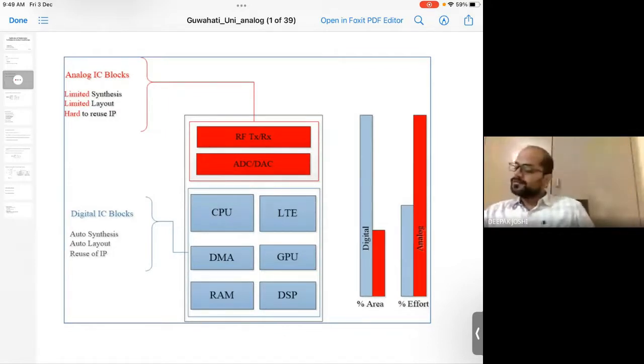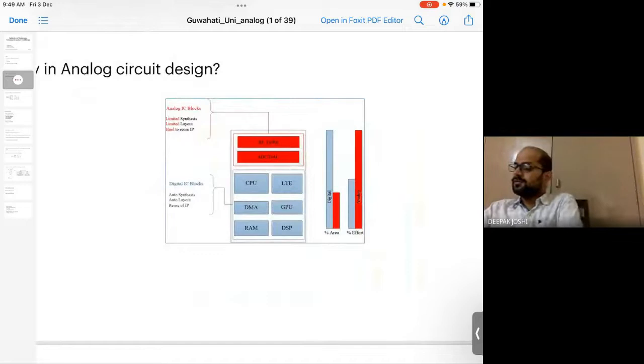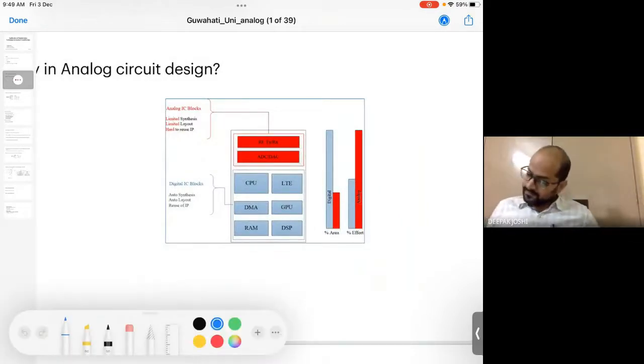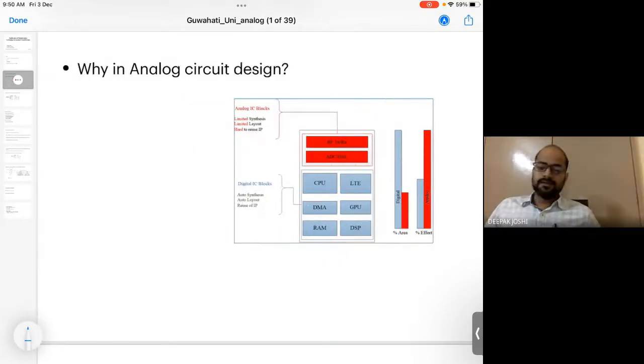Now, what we generally do in analog circuit design is first represent it as an optimization problem. Let me write it here: in any optimization problem, there will be a cost function that we have to minimize or maximize.